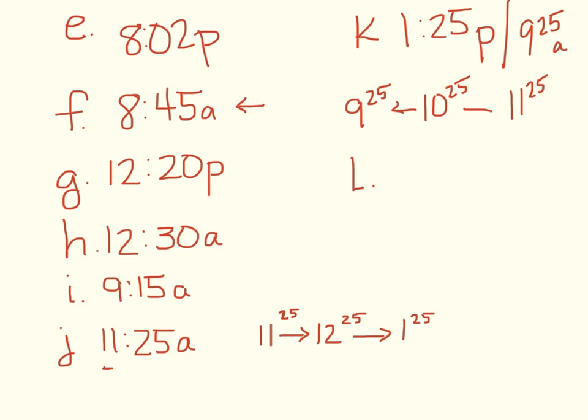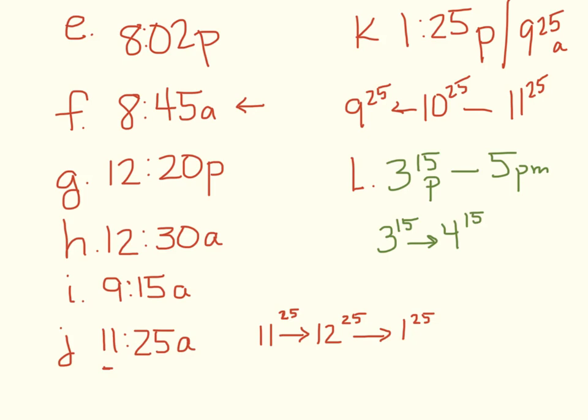And finally, a movie started at 3:15 and ended at 5. How long was the movie? I'm going to change colors here so it sticks out a little bit better. It started at 3:15 p.m. and went until 5 p.m. So 3:15 to 4:15.